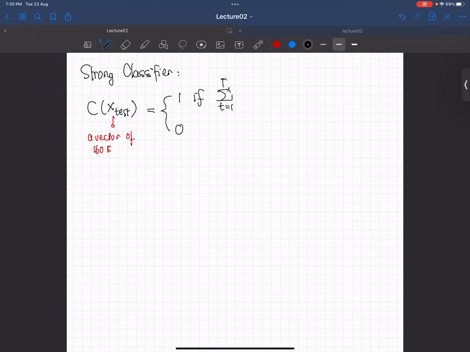And this depends on gamma t multiplied by h_t(x') greater than or equal to 1/2 times the sum from t equals 1 up to T of gamma t. And 0, non-face, if else.